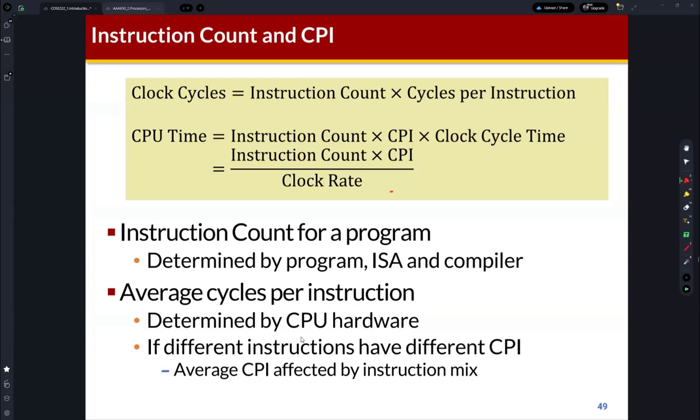T is the execution time, which equals instruction count multiplied by CPI multiplied by clock period. That's what we learned in the previous class, right? You need to memorize this equation.